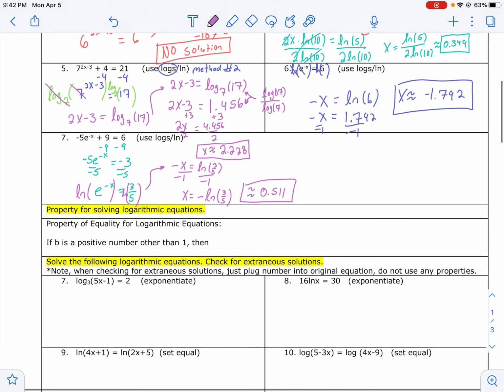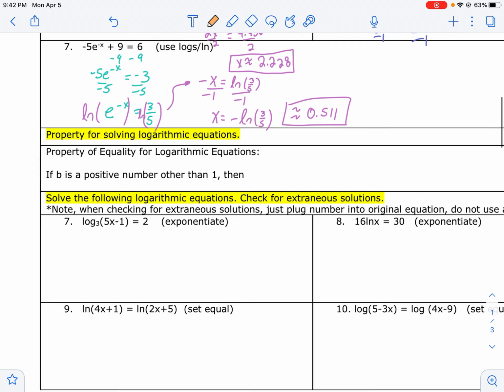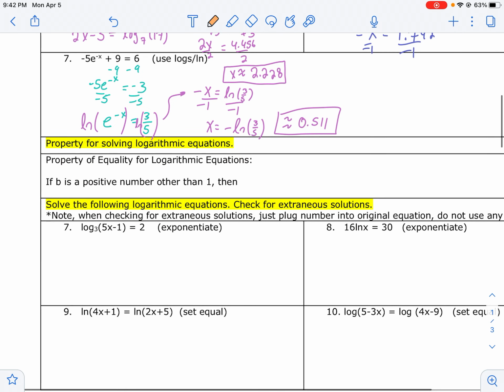Okay, so that is solving exponents. Now let's take a look at solving logarithmic equations. Exponents and logs are related, so it only makes sense that the property of equality for logarithmic equations is super similar to the property of equality for exponents.